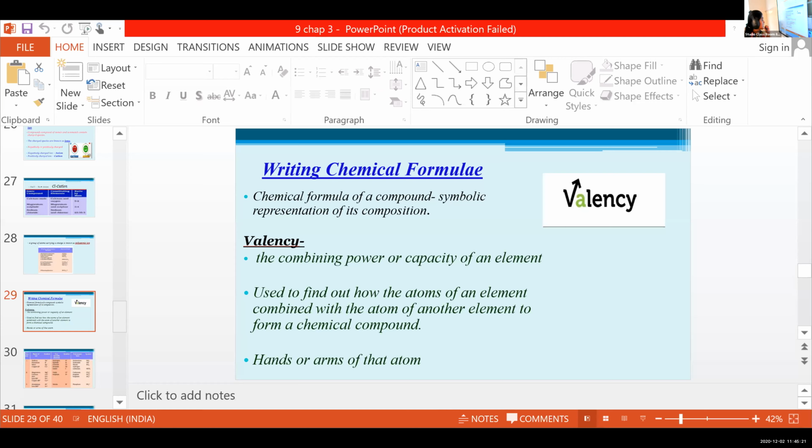It can be considered as the hands or arms of that atom. Clear? Valency is the combining power or capacity of an element, and it can be considered as hands or arms of that atom. Clear?